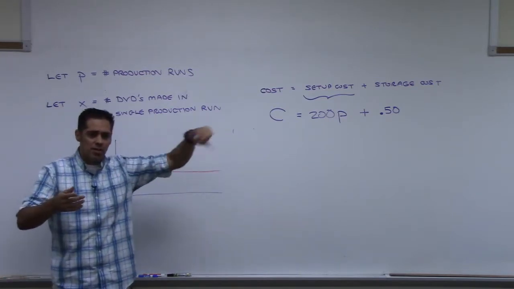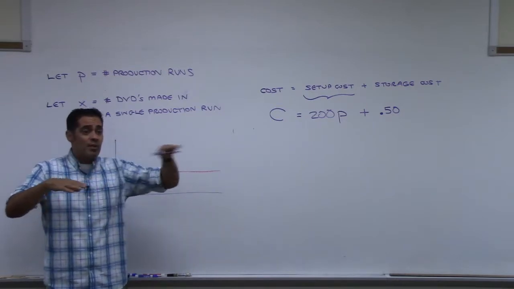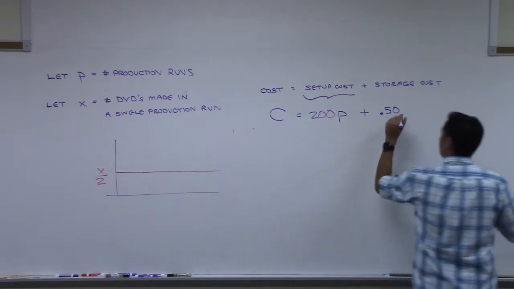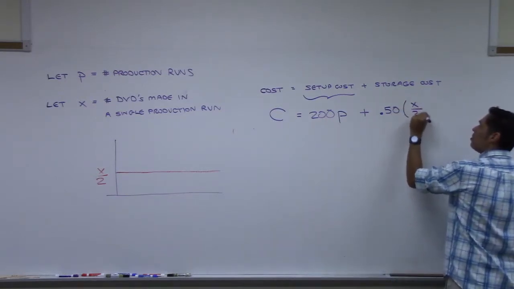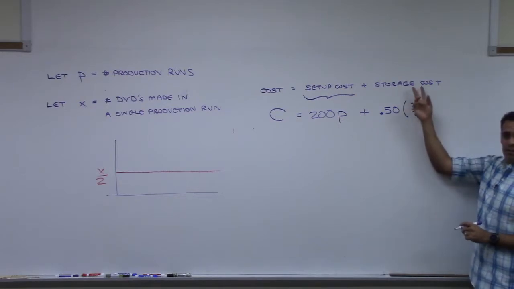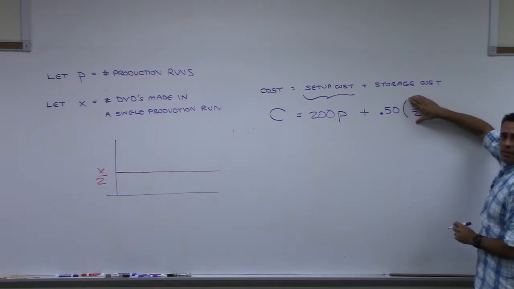We know they were fluctuating, but forget the fluctuating; on average we have x over 2. So this cost, 50 cents times x over 2, is the cost for storing. It's the 50 cents times the average amount in our inventory.